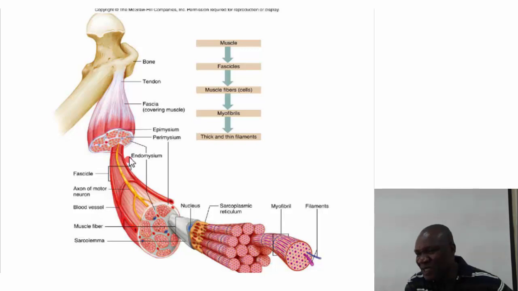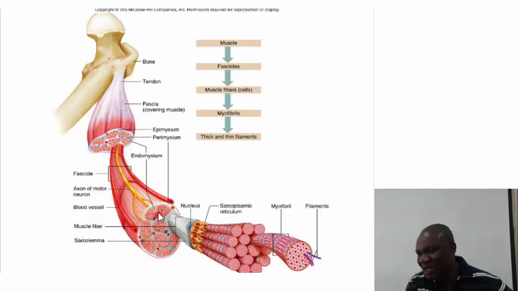Each fascicle is surrounded by a connective tissue called perimysium. So this is our fascicle, and it's surrounded by perimysium. Then the fascicle is made up of muscle cells, and a collection of muscle cells is covered by endomysium.